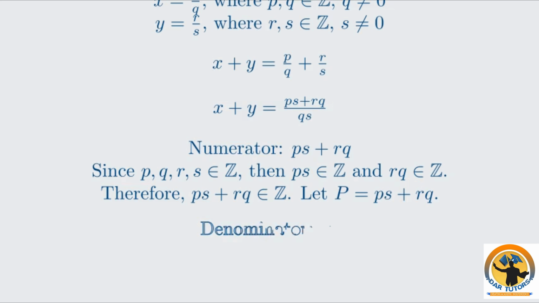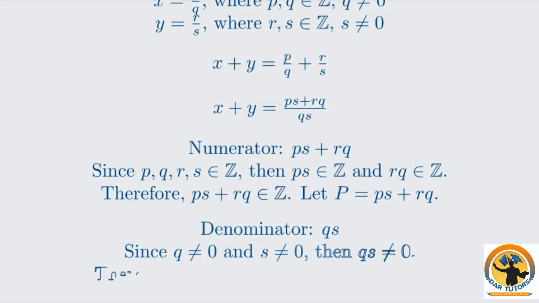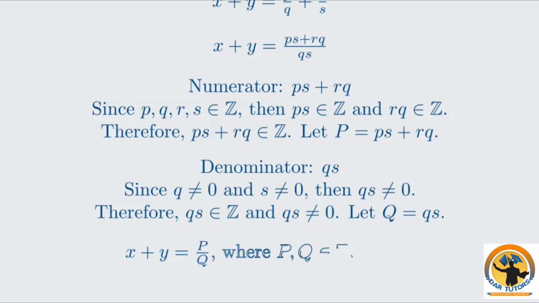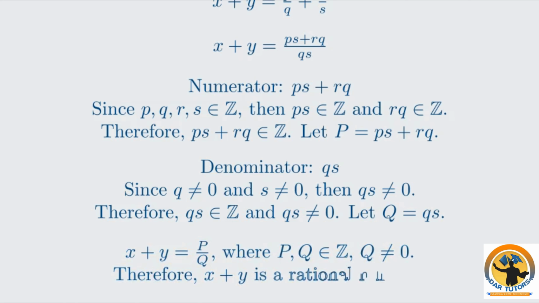For the denominator, qs, since q and s are non-zero integers, their product qs is also a non-zero integer. Let's call it q. So the sum x plus y can be written as p over q, where p and q are integers and q is not 0. This is the definition of a rational number. We have shown that the sum is a rational number, completing the proof.